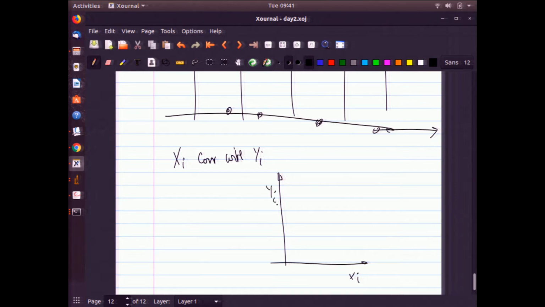If they are independent, then the samples could be anywhere in that space, right? If they are dependent, the samples will be here or like this. This is positive dependence and this is negative.